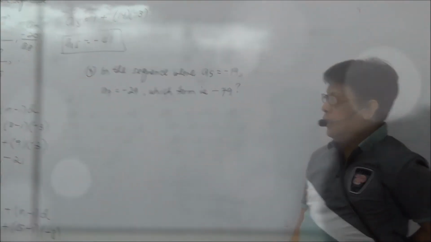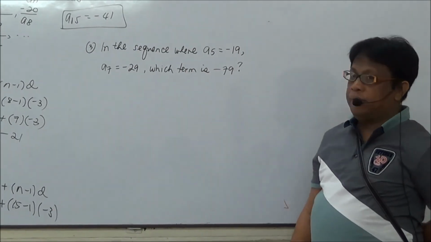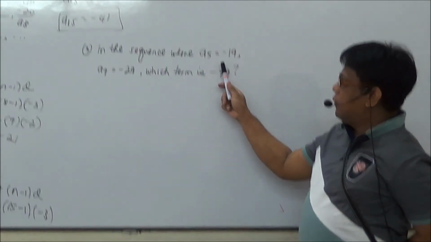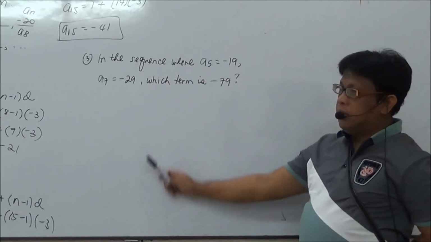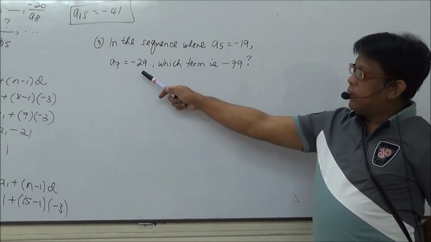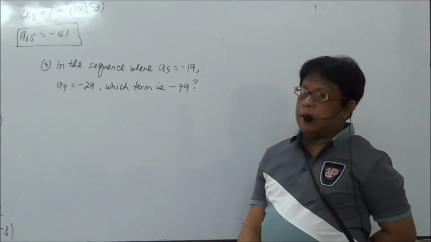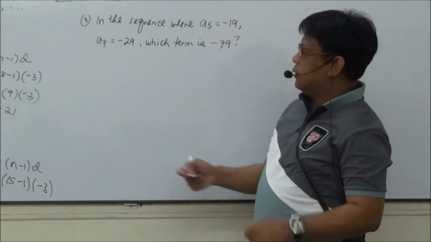This is another example. In the sequence where a5 or the 5th term is equal to negative 19, then a7 equals negative 29 or the 7th term is negative 29. Which term is negative 79? Okay?